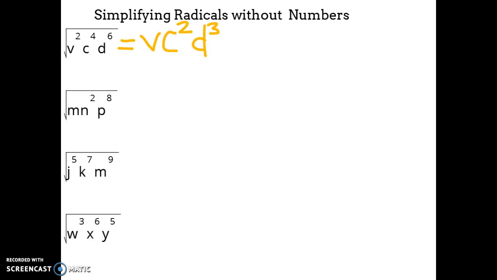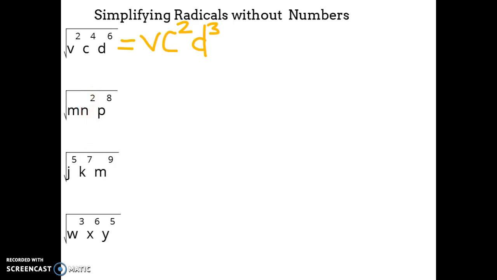So let's try this. Are there at least one set of 2 of m to the 2nd power? No, there's not. So m must stay right where it's at. How many sets of 2's, how many pairs are of n to the 2nd power do we have?